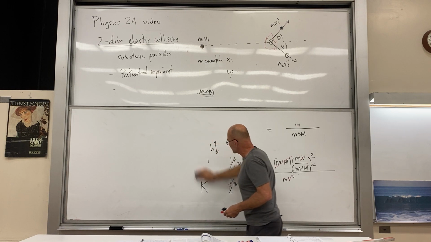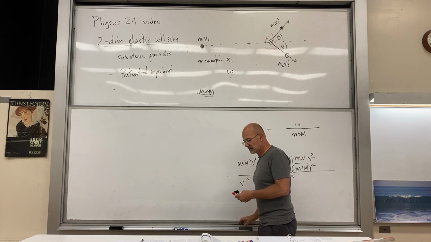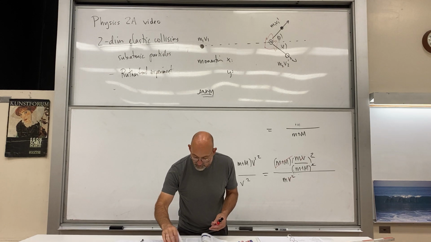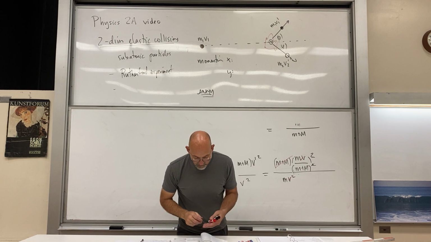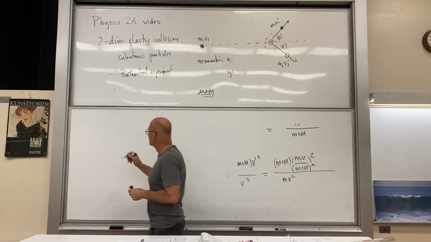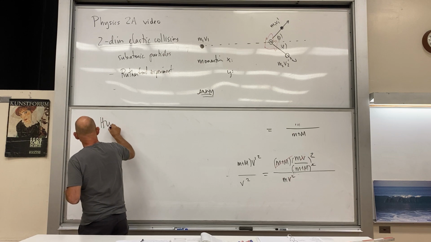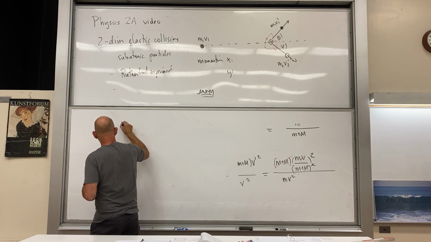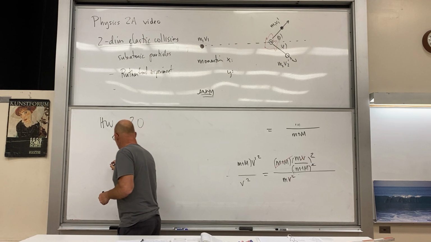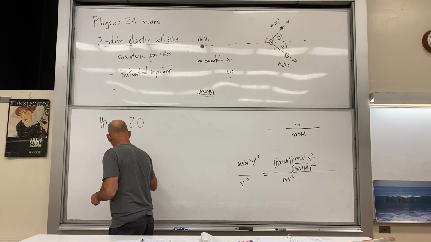So this is an interesting one. Let's see, I have to go to chapter 6 here. We're looking at problem 64. So homework 20, for lecture 20, we've got a bullet here.